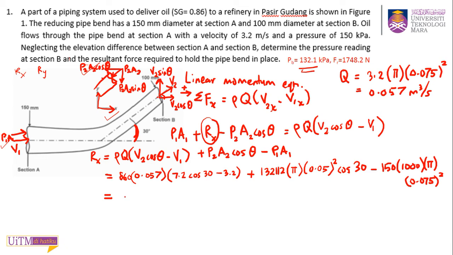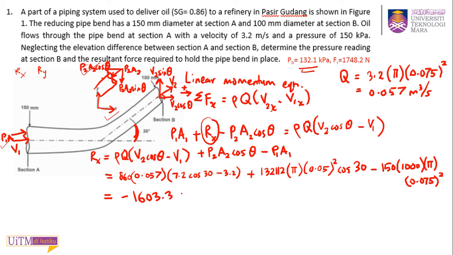Berapa value Rx? Dapat negatif. Tak apalah, cakap je lah negatif pun. Negatif. 1603.34. 0.34 lah unit.